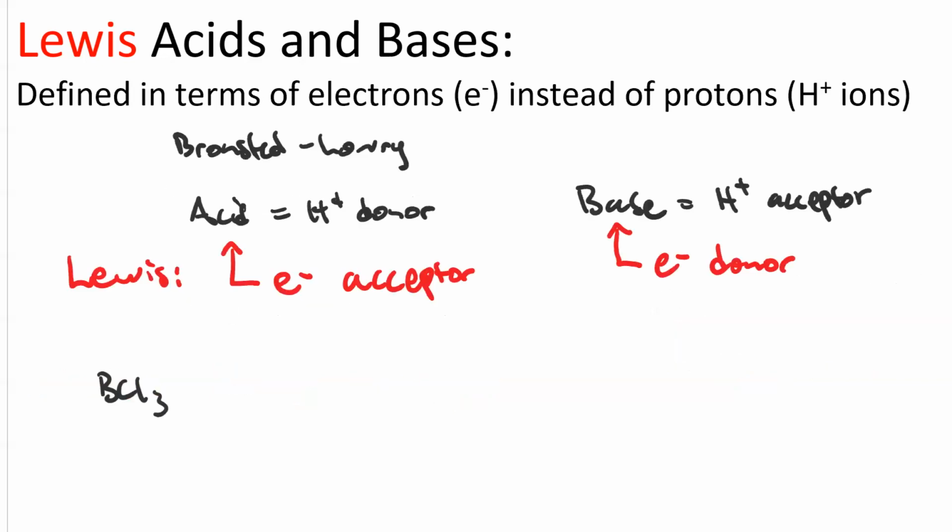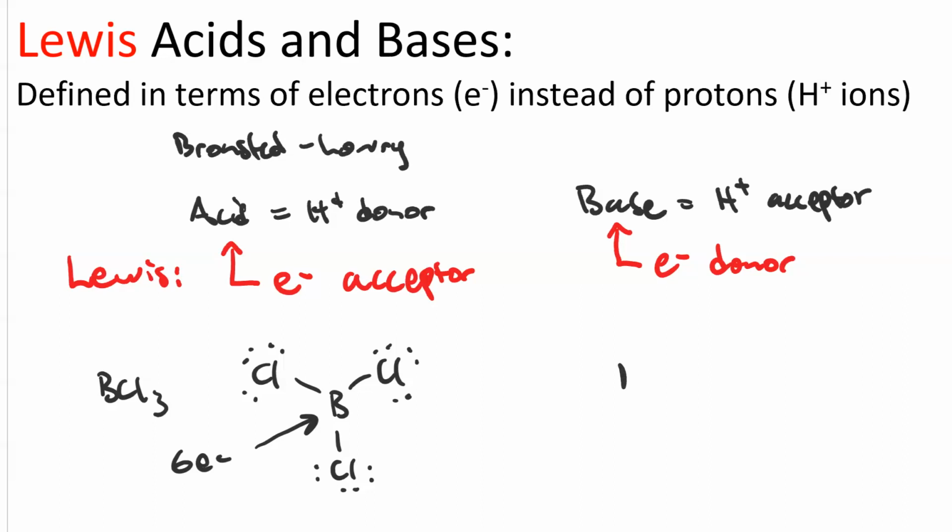BCl3 is an example of a Lewis acid. Its Lewis structure looks like this. And if you look at the boron, it only has 6 electrons. So it really wants more, which makes it happy to accept electrons. NH3 is a Lewis base. Right, so there's the Lewis structure of NH3.